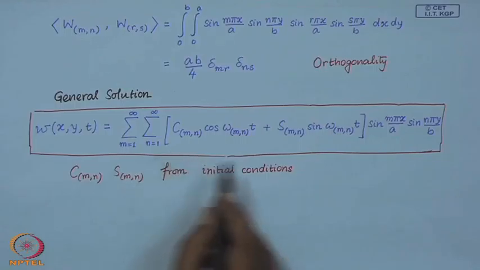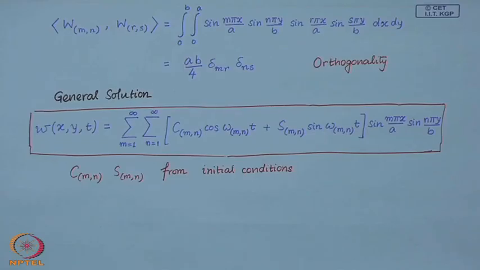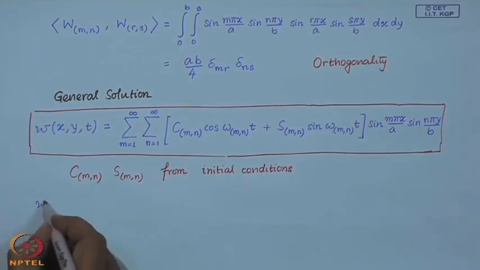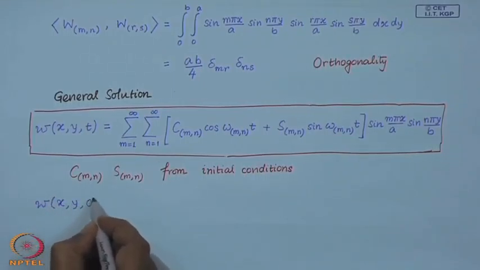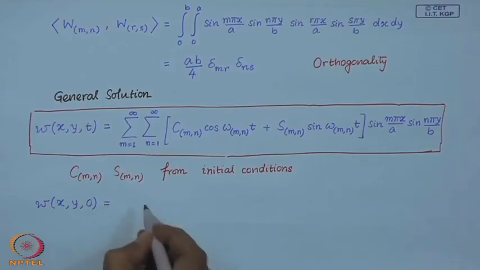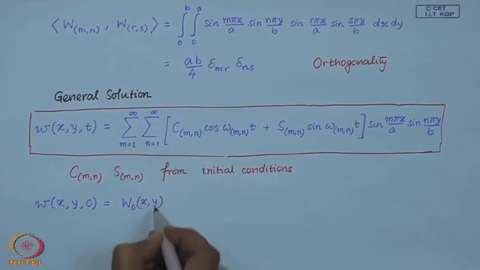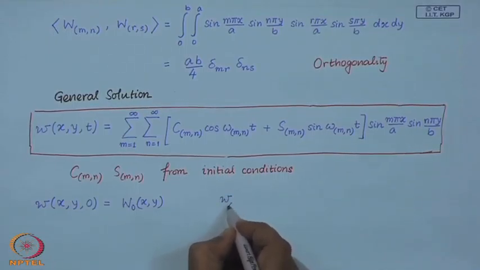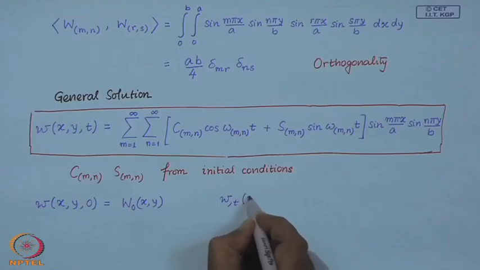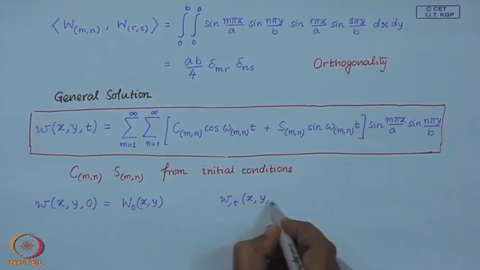Now, in order to do that, we have to use the orthogonality property. So, the initial conditions will be in the form of the initial configuration or the displacement of the membrane and the initial velocity distribution.